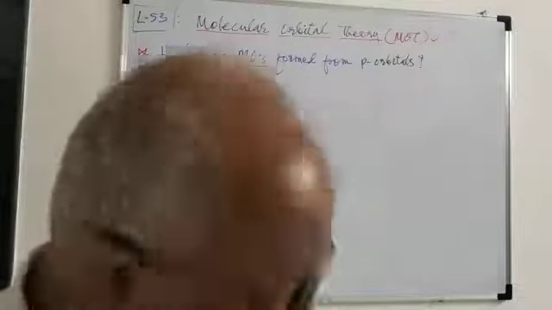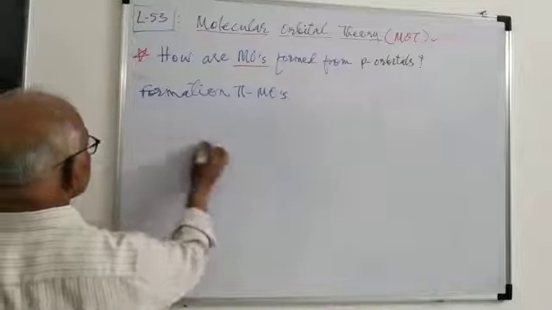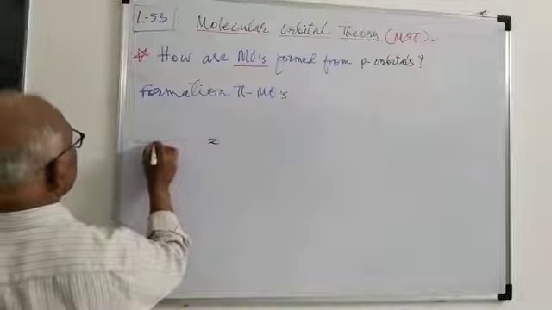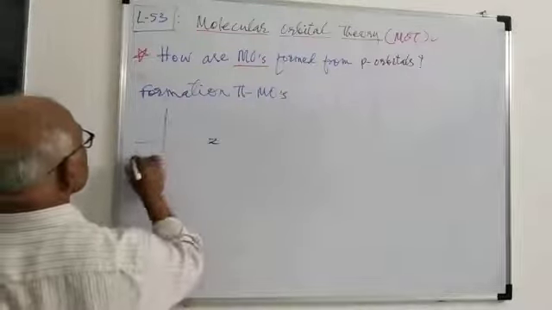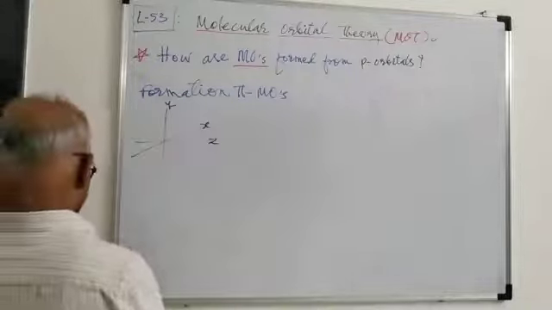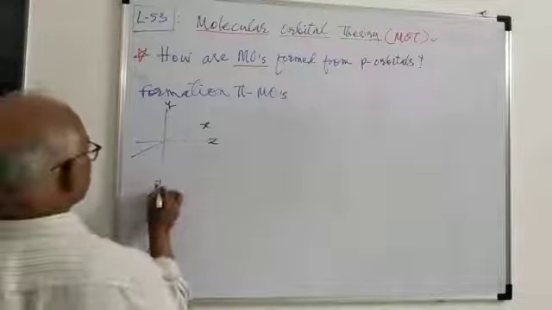For this purpose, we will see two examples. Say this is the z-axis, this is the x-axis and this is the y-axis, and we are taking the example of px.